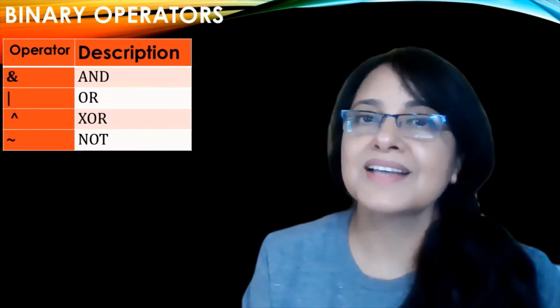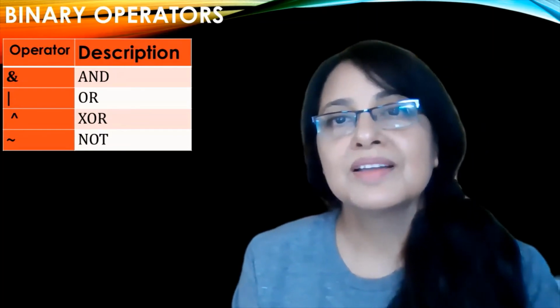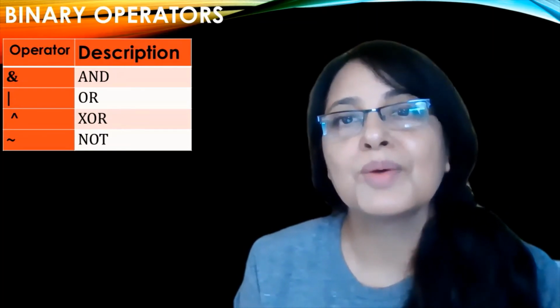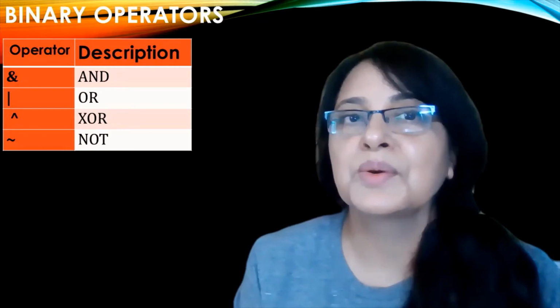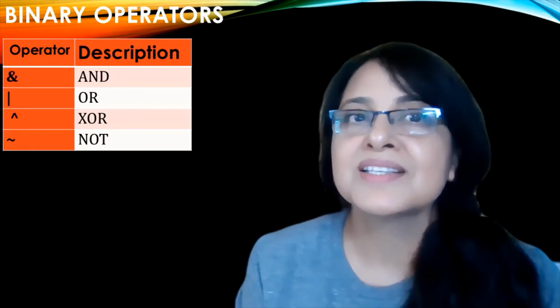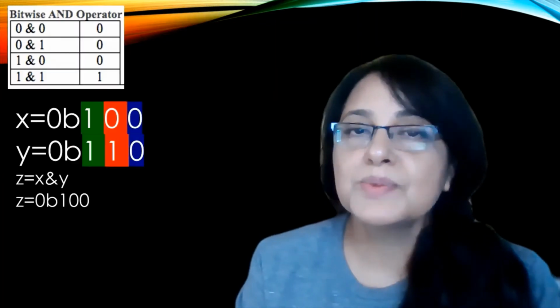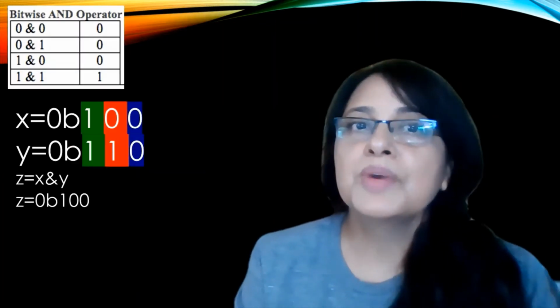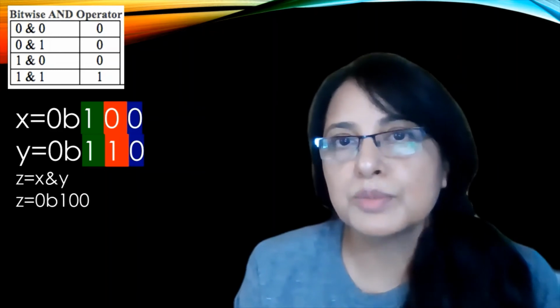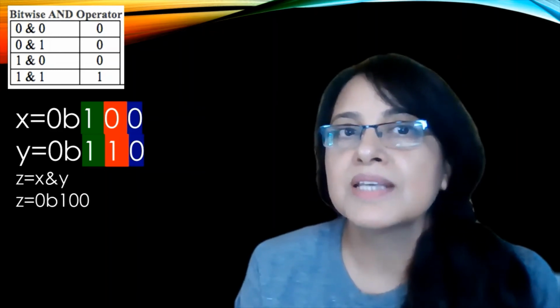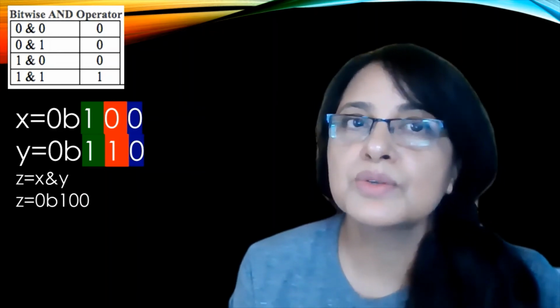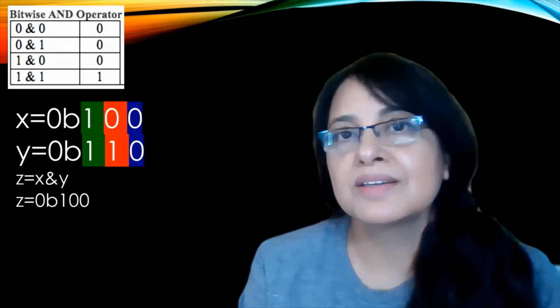Binary operators, as the name suggests, work with the binary numbering system of bits. We're going to take a look at some of these operators: AND, OR, XOR, and NOT. In the bitwise AND operator, we have to compare each bit of the two numbers, and then according to the rules of AND, we get an output.